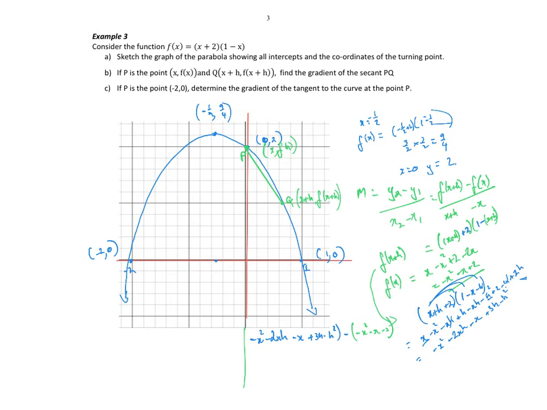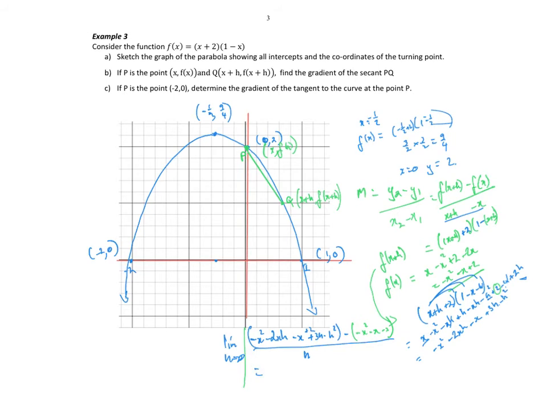Oh, I forgot it. There's a 2 there. So I've got a plus 2 over here, all over x plus h minus x, which is h. And of course, we've got the limit as h approaches 0 of all that. So I get equals 2, right.